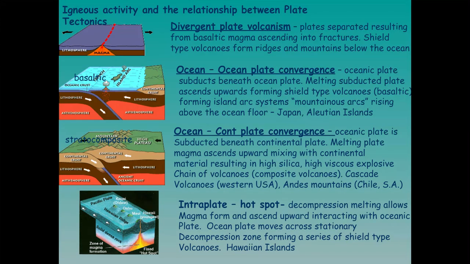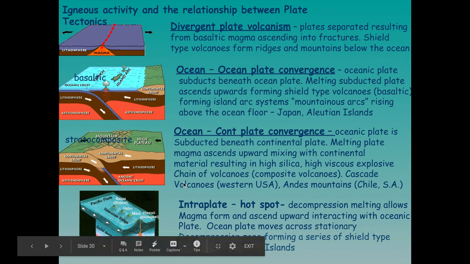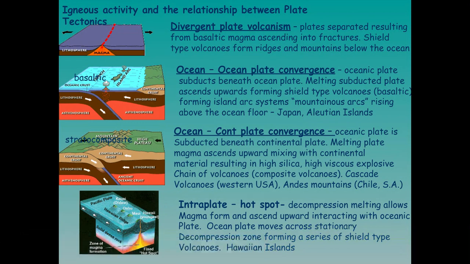The last, if you look at the bottom of the screen, the last plate boundary is known as an intraplate hotspot boundary. And I don't believe I discussed this too much in the plate tectonic lecture, but really what we have is a hotspot in which decompression melting allows magma to form. And upon forming and being less dense, the magma ascends upward, interacting with oceanic plate.